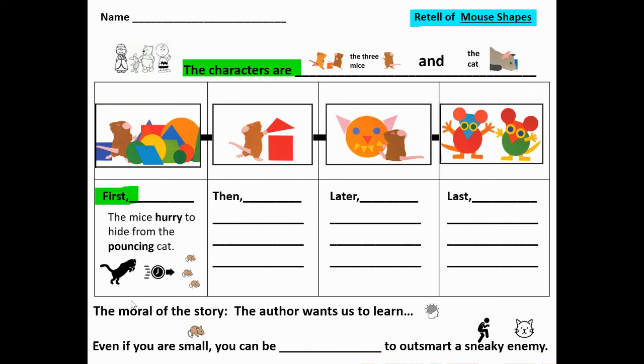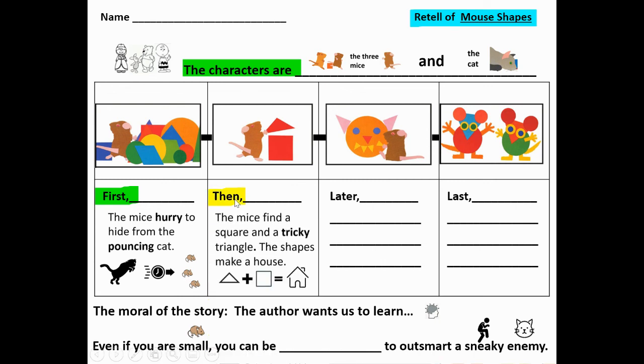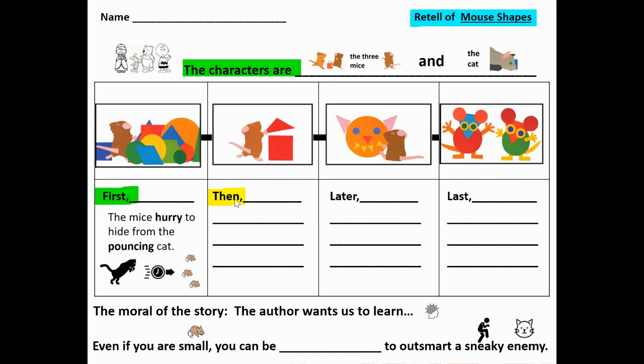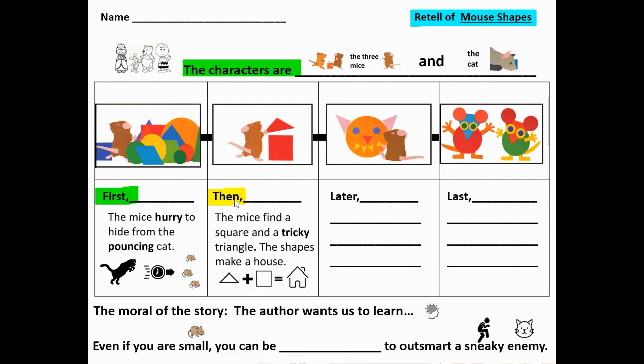Then what happens? Then the mice build, well, the mice find a square and a tricky triangle.